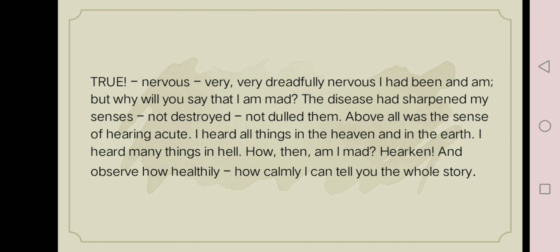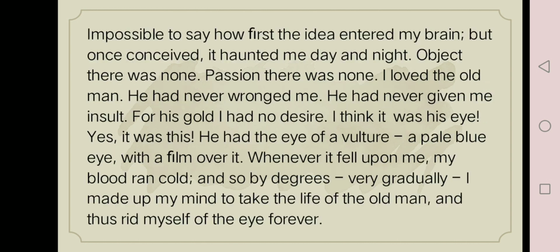Right, now the second example of the graphological deviation in the story was in the part where the narrator said, "It is impossible to say how first the idea entered my brain, but once conceived, it haunted me day and night. Object there was none. Passion there was none. I loved the old man. He had never wronged me.